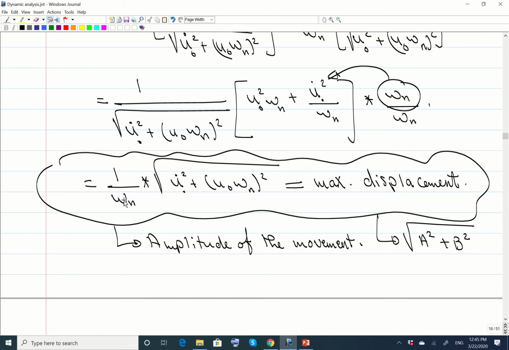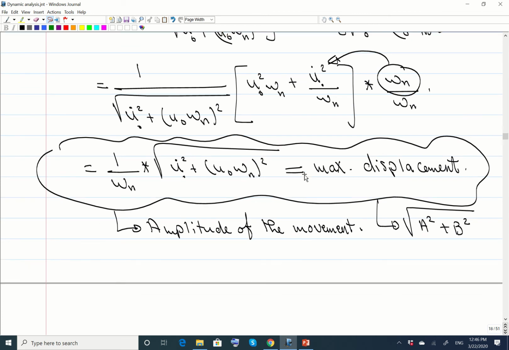That's why we have 1 divided by omega n over here. And then this term is going to look exactly like this one, but now you have square root over here, and you don't have square root over here, so the square root goes here. Like 2 divided by square root 2 is square root 2. Imagine it's something divided by the square root of that something, so it's the square root of that thing. So that's the maximum displacement over here.